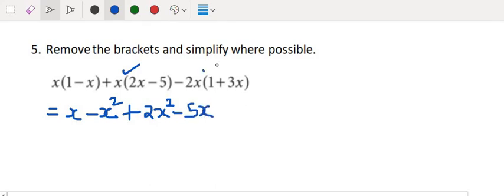When we multiply this with 2x, we get minus 2x. So minus 2 into 3 will give you minus 6, and x into x will give x square.